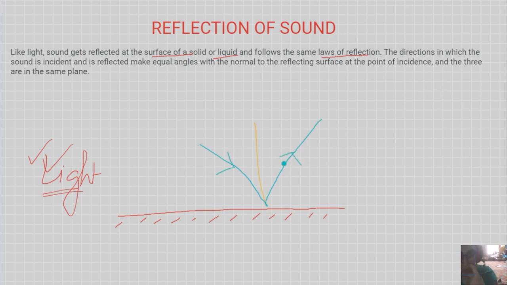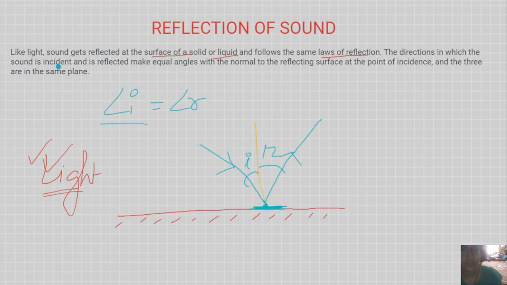So basically, the angle of incidence will always be equal to the angle of emergence, or the angle of reflection rather. Just call it R. So the law of reflection says that angle I is always equal to angle R, provided that the point of incidence, the point of reflection, the point at which the normal is produced are all in the same plane. Okay.